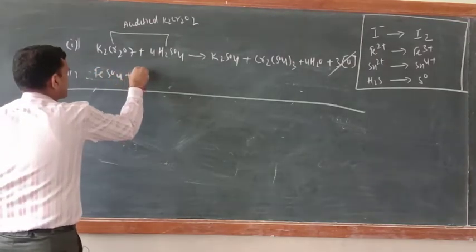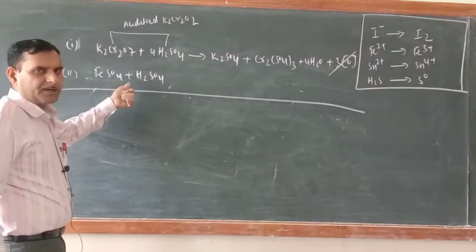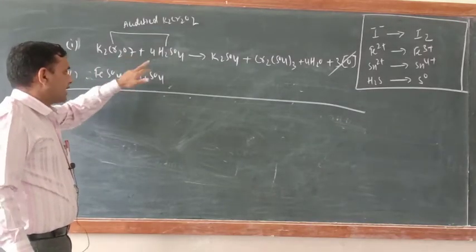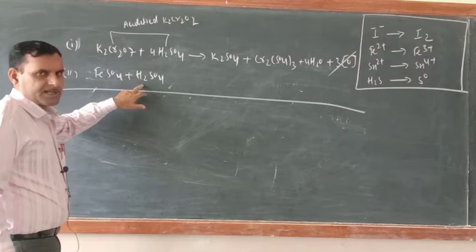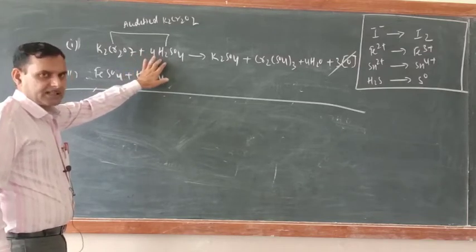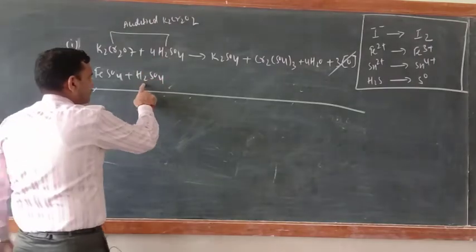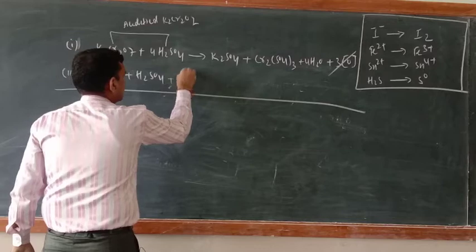FeSO4 plus H2SO4. Now you may ask, sir, why are you taking H2SO4 in the second step? Just try to understand, we'll tell you. Number one thing is, this is an acid, and it has been taken in excess quantity. So H2SO4 plus nascent oxygen.